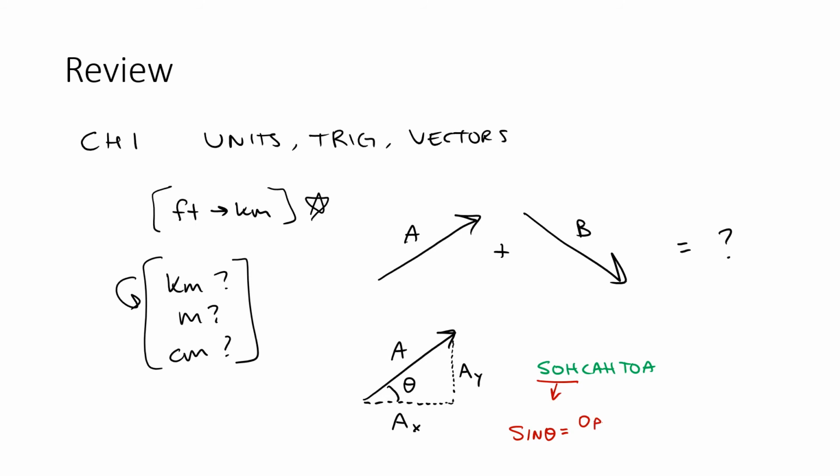I'll use the example vector I have up here. Then the middle term right here, that is cosine.